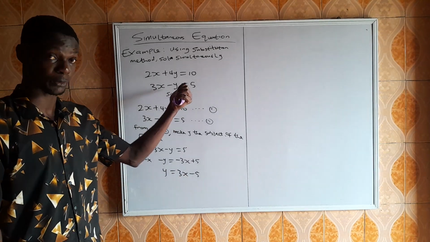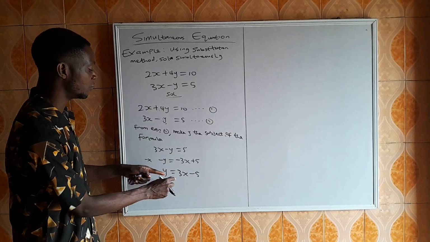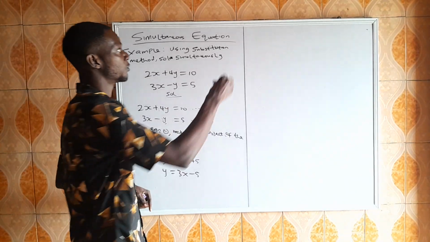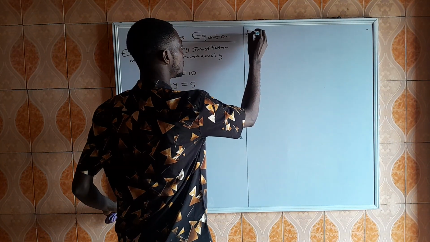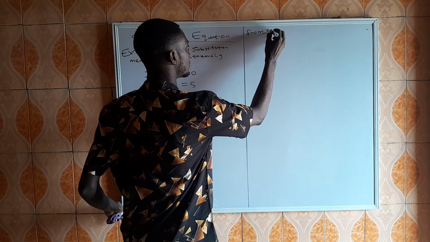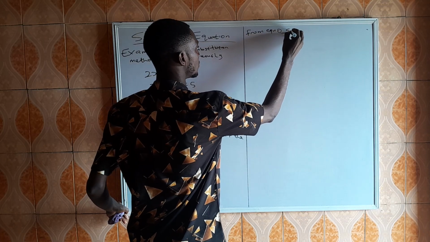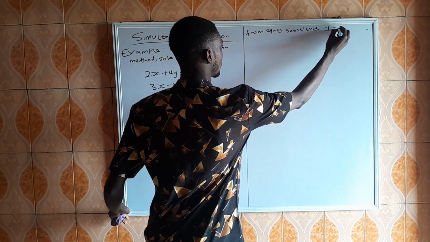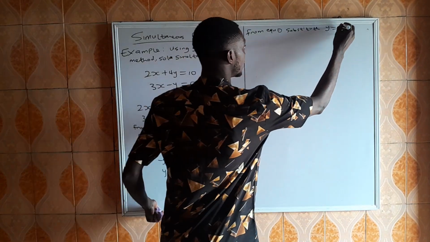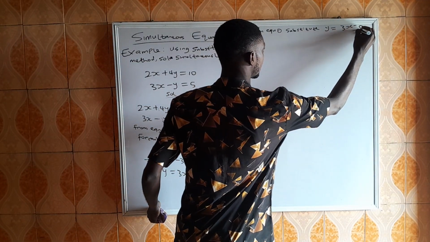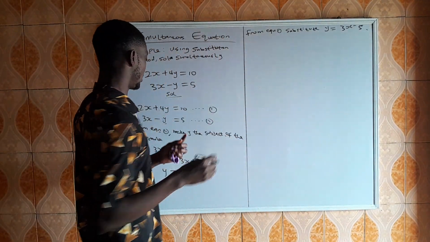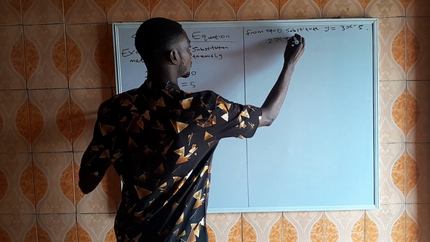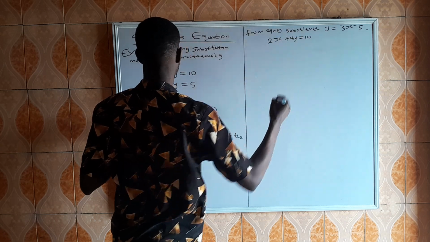And we got that from equation 2. That means we are going to substitute y equals 3x minus 5 back into equation 1. Equation 1 is 2x plus 4y equals 10.